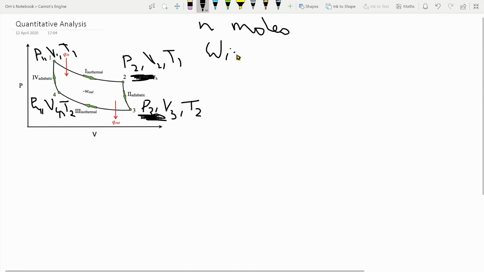That is the work done during an isothermal process, and that is actually given by nRT into the natural logarithm of the final volume, which we're going to denote by V final, divided by the initial volume.